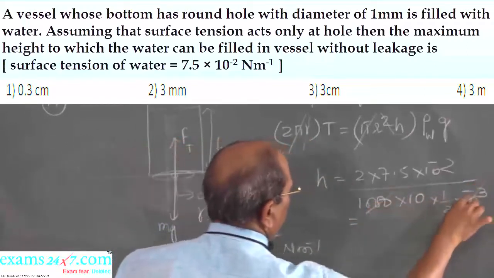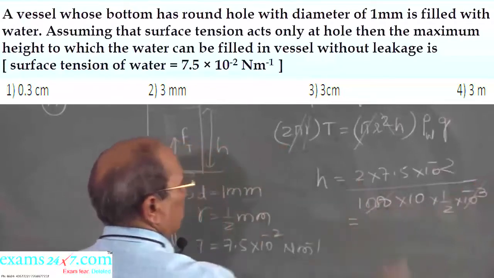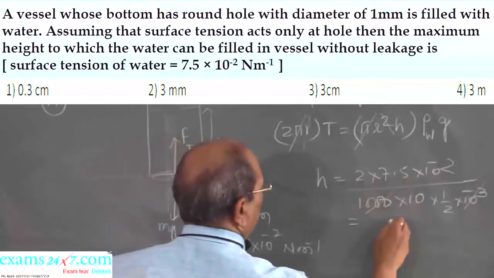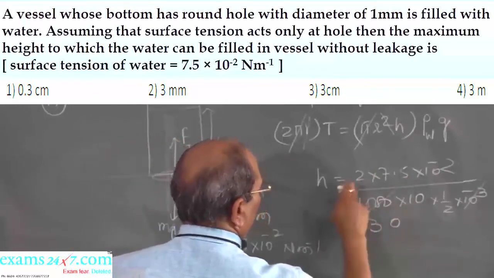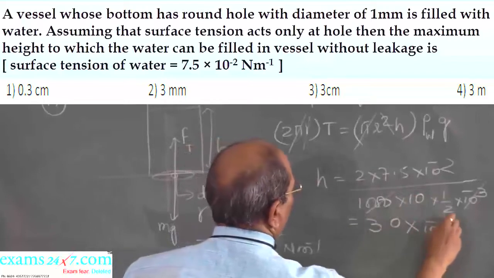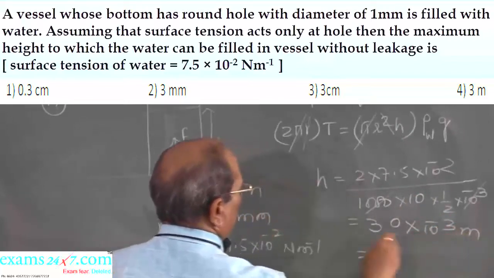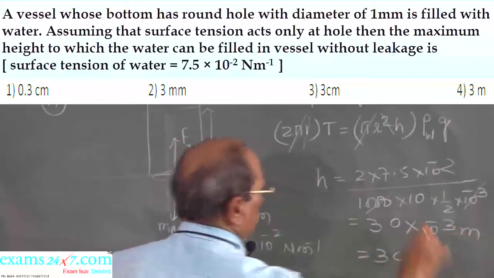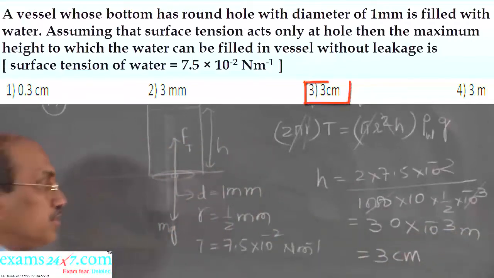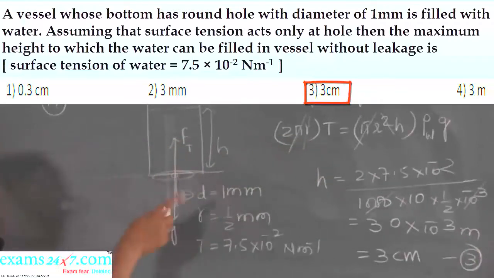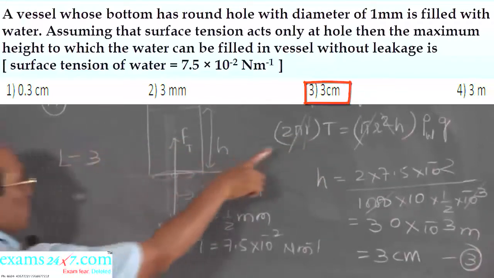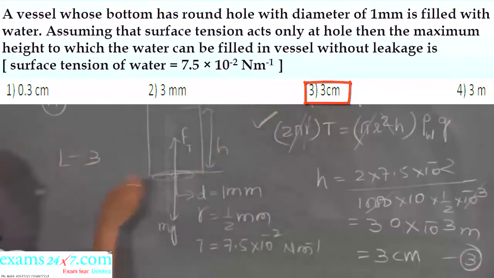This cancels with this. 2 goes to the numerator. 4 5s are 20, 30. 7.5 30 into 10 power minus 3 meter, or 3 centimeter, is the height to which it rises. Option number 3. Conceptual thought is here. To arrive at this equation, skill is required, therefore we put it under level 3 questions.